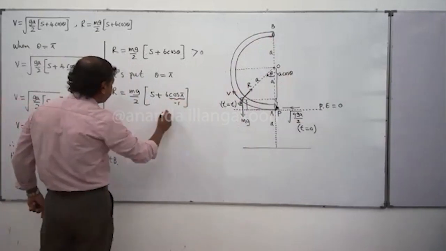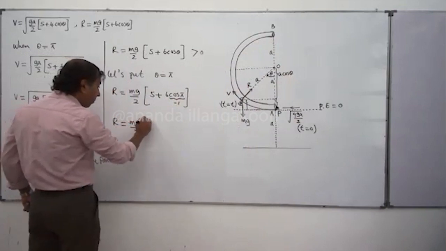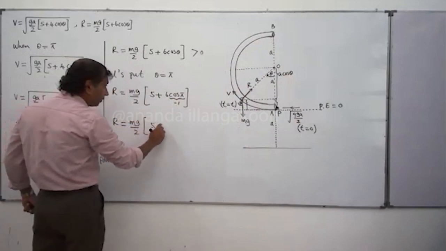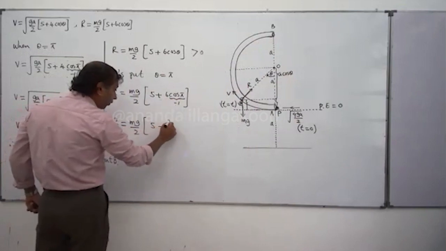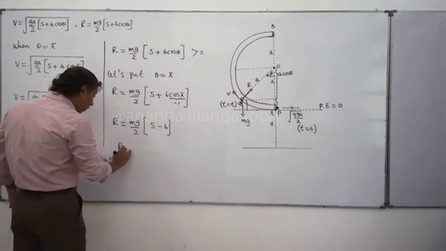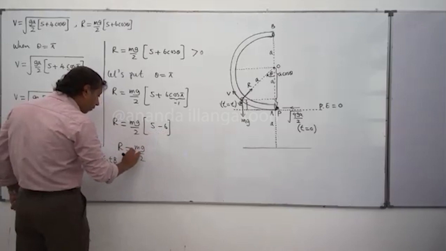Then R is equal to mg by 2 times (5 plus 6 times -1), which is -1. So now mg by 2 times -1, minus mg by 2 coming.